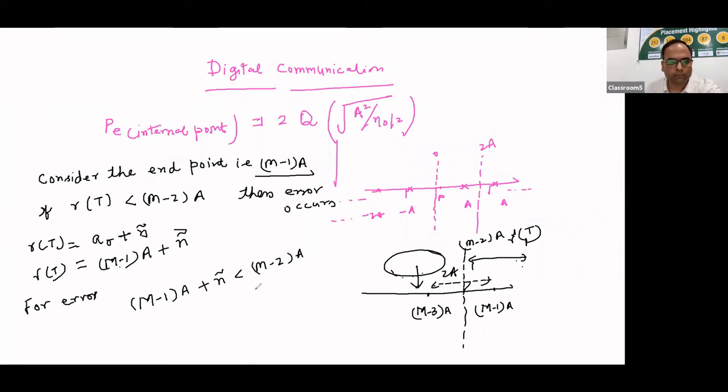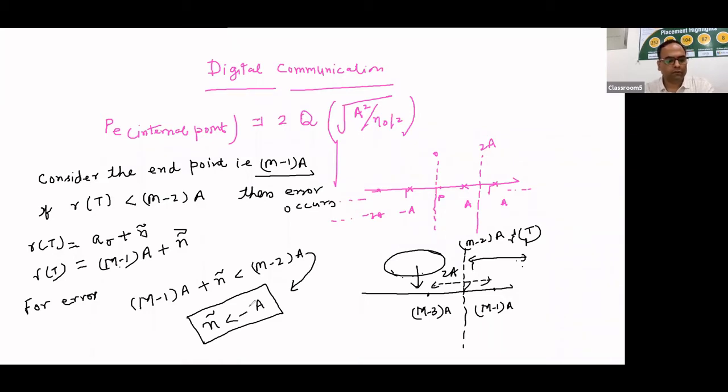Now we can solve it. We can put this m minus 1 a here, and then we can simply write that n tilde should be less than minus a. From this equation we can conclude that n tilde should be less than minus a, right?